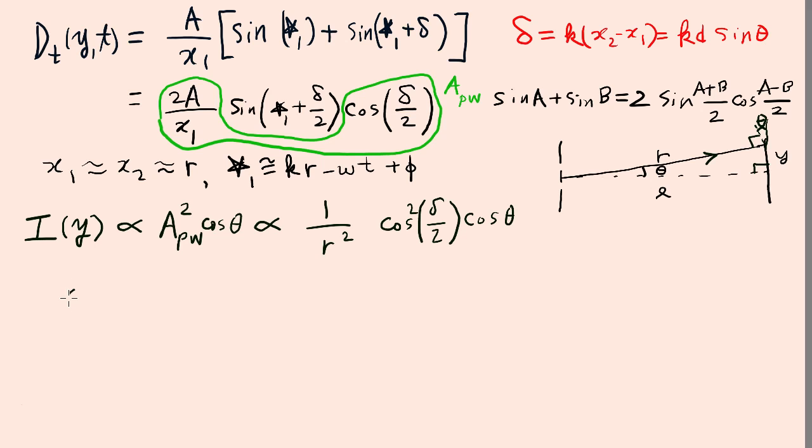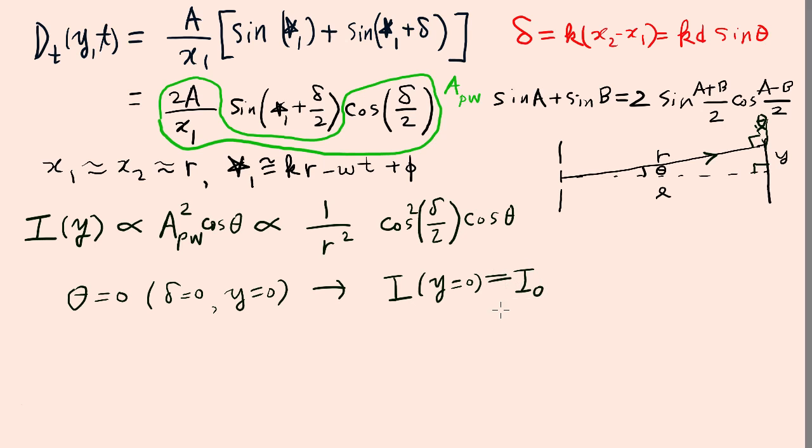So let's say at theta equals 0. That means delta equals 0, y is also 0. Let's say that the intensity there is I0.